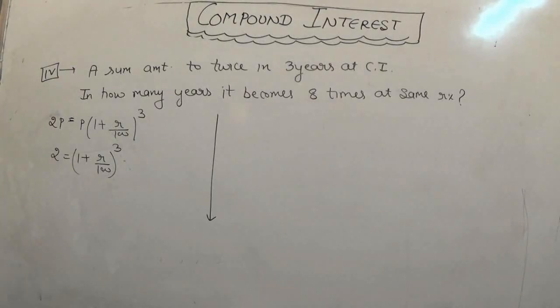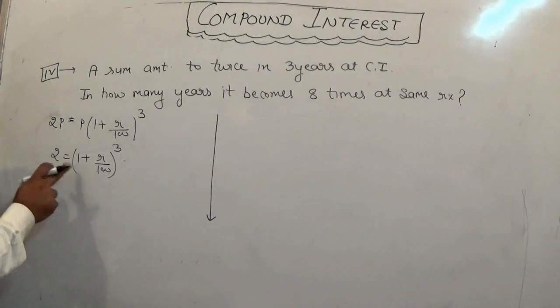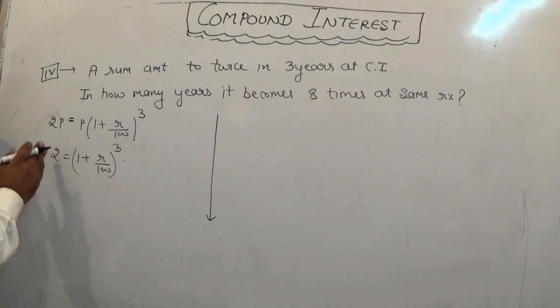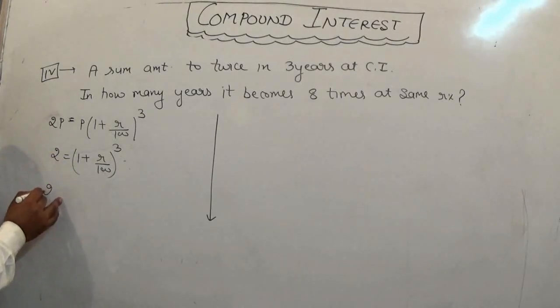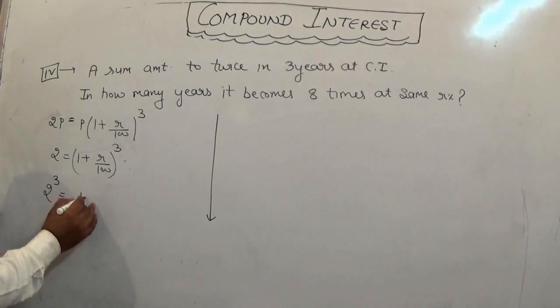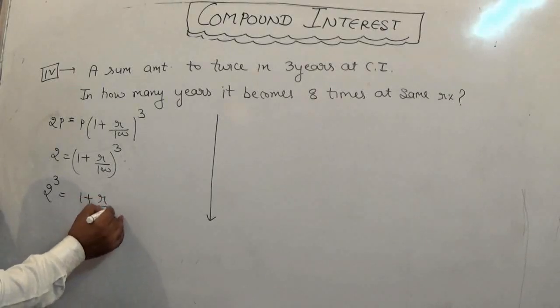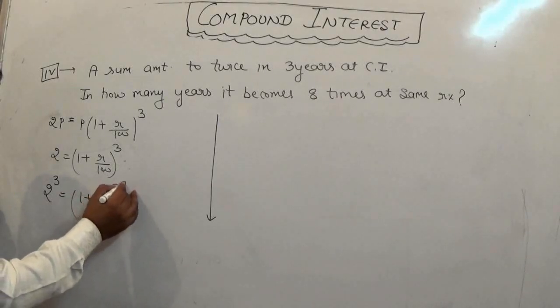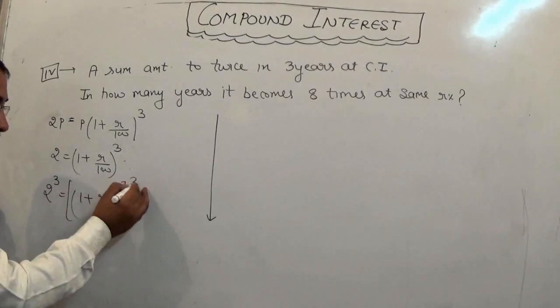Now I want my sum to become 8 times, meaning 8P from P. For that I have to take the cube of this, so I make it 2 cube. If I cube the 1 plus R upon 100 raised to power 3, I have to cube the power 3 as well.